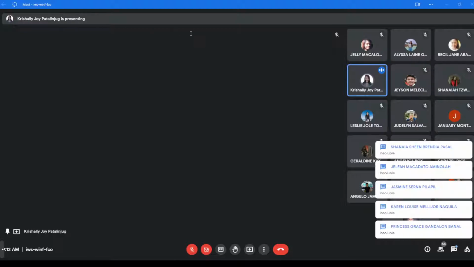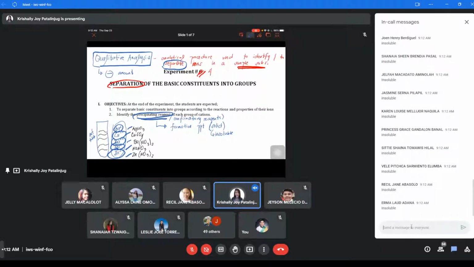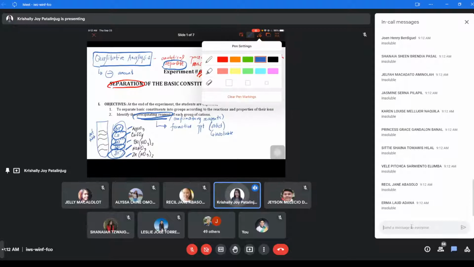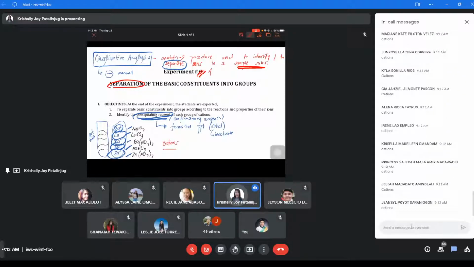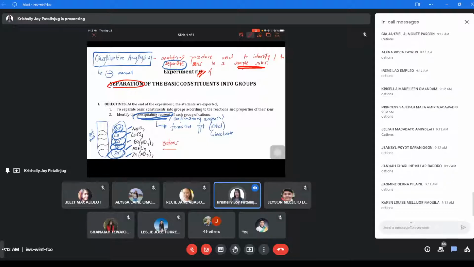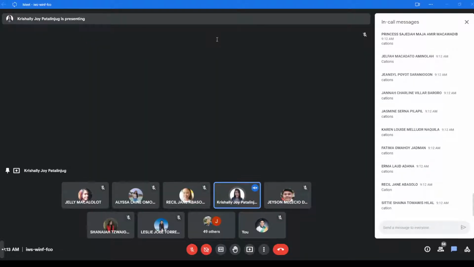Let me ask you again, are these cations or anions? Yes, so these are all cations. So that means, in this activity, we will be separating basic constituents or basic ions into groups, okay?